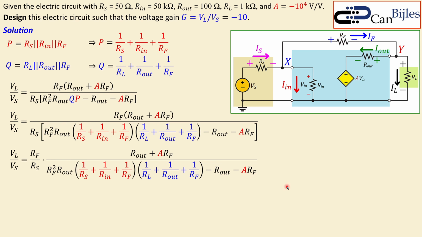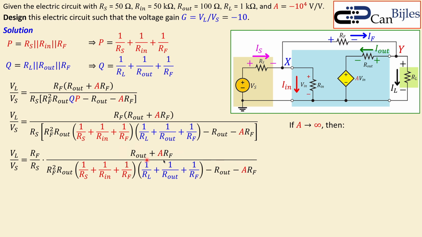What you see is the following. There's a nice thing to see here. If A, which is the internal voltage gain of this op-amp, is very large, let's say infinite, so 1 million, or very, very large, 100 million, then the following thing happens. Then you get Rout plus a very large number divided by some value, and then also a very large number here.